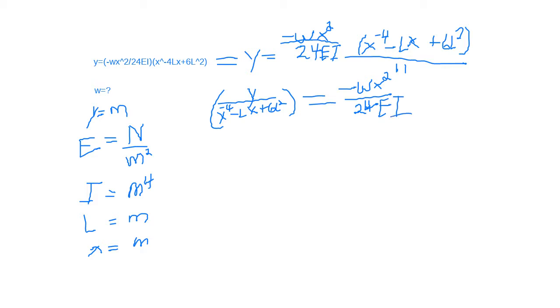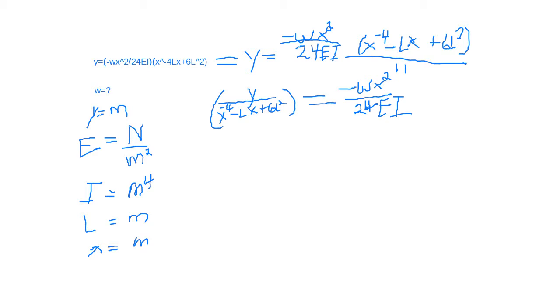All right, now what? Why is it x to the power of -4? Was that not it from the book? It was x squared. On mine it says x squared minus 4Lx plus 6L squared.